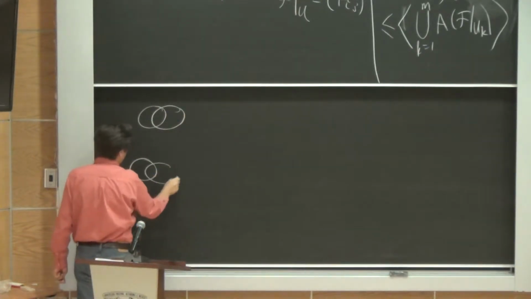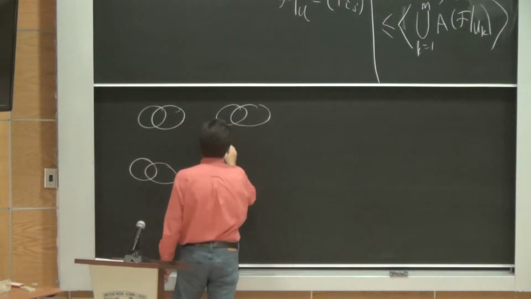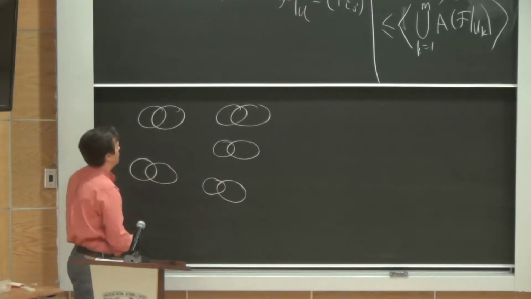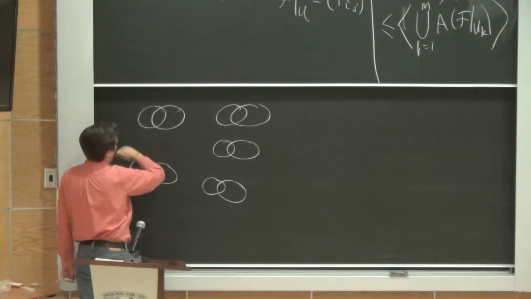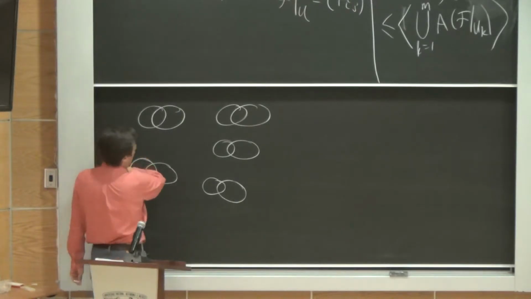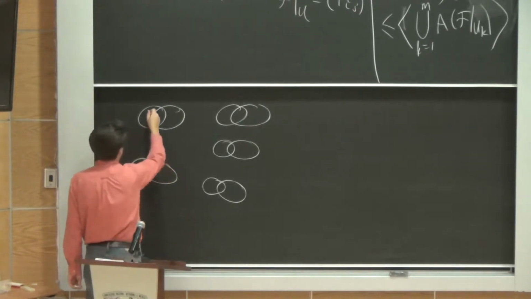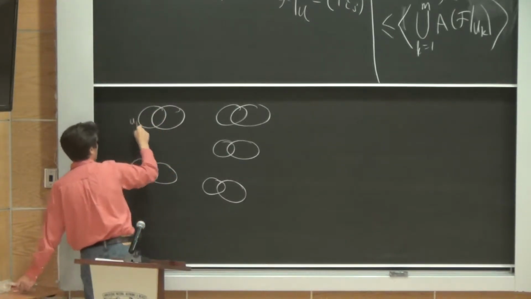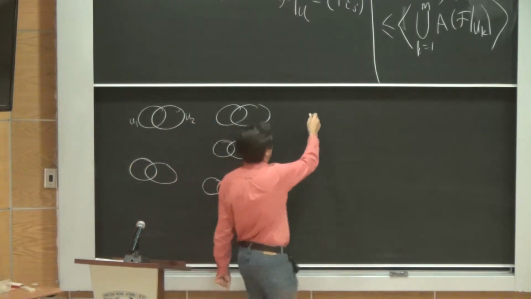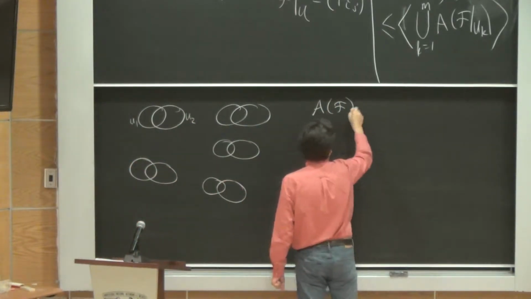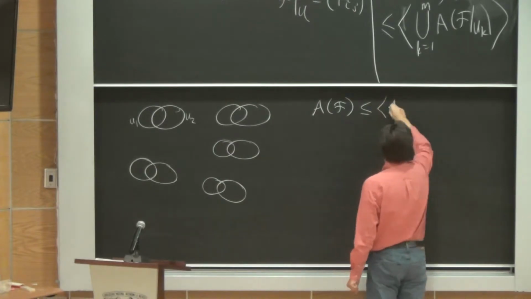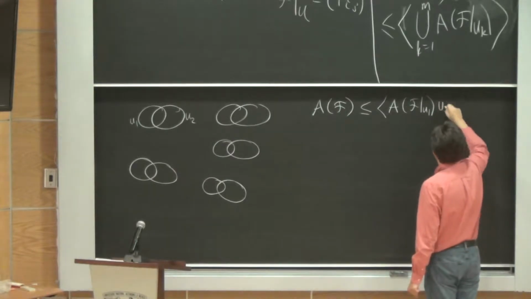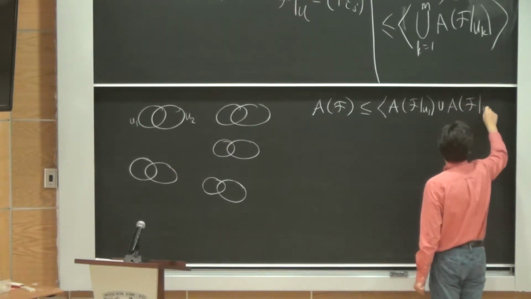So we cover the multisection by two multisections. So each component is a union of two clopen sets, U_1 and U_2. And we want to prove that the alternating group on the big multisection can be generated by the alternating group on one restriction and the alternating group on the other restriction.